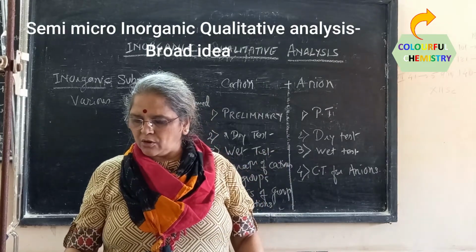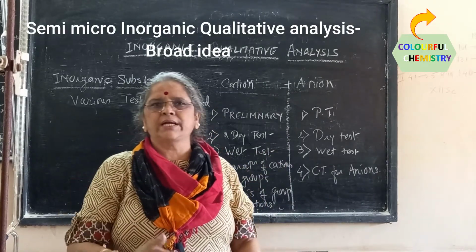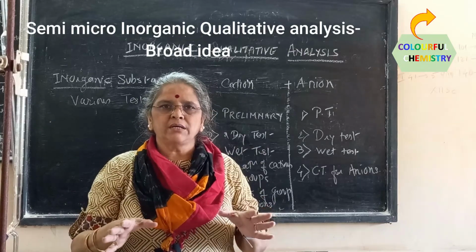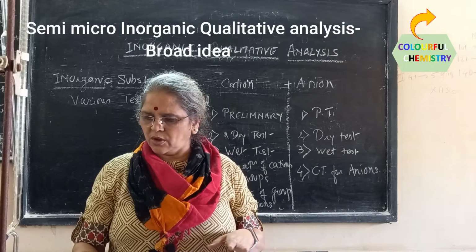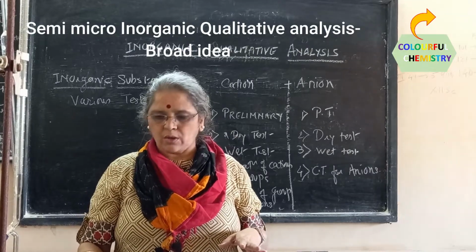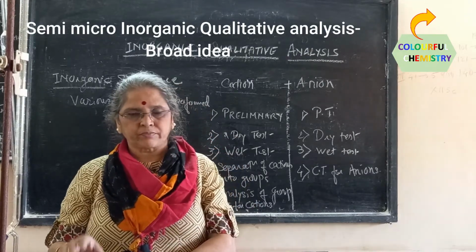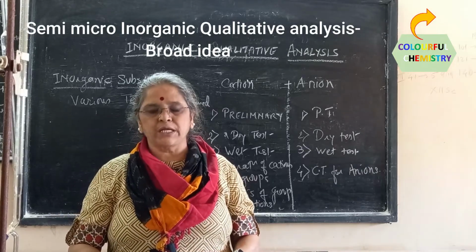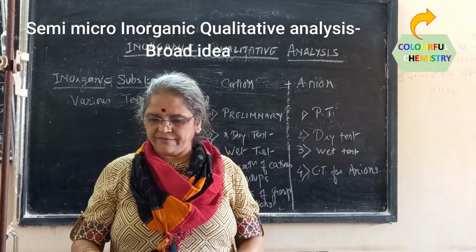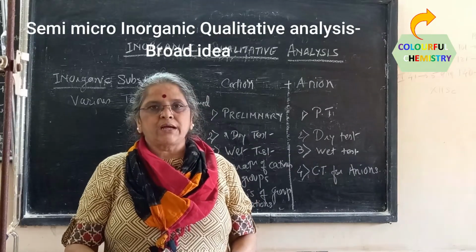Under group 2 you have only copper. There are many other cations also, but in the 12th standard Goa board syllabus, the cation of group 2 that we are identifying is only copper. So test 2, performed for separation of cations into groups on page number 65, is water extract plus dilute HCl.